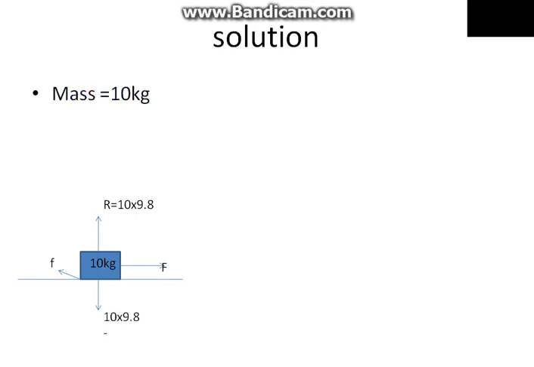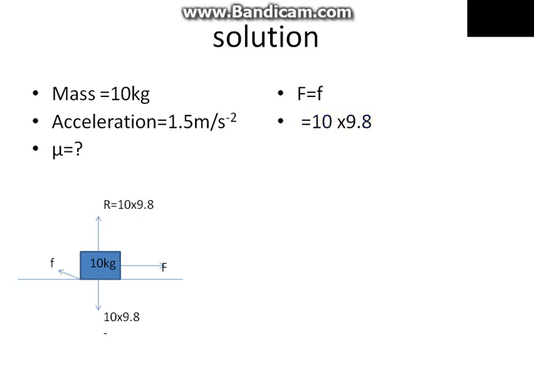But we know fully well that the limiting frictional force is equal to the resultant force. Then 10 times 9.8, which is the acceleration due to gravity, gives 98. At the point of sliding, the limiting frictional force is equal to the frictional force.